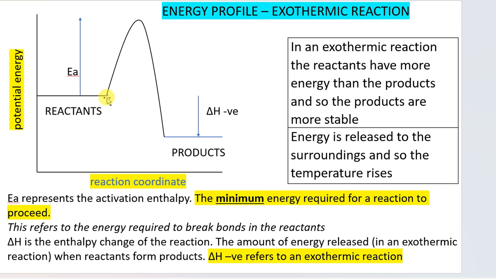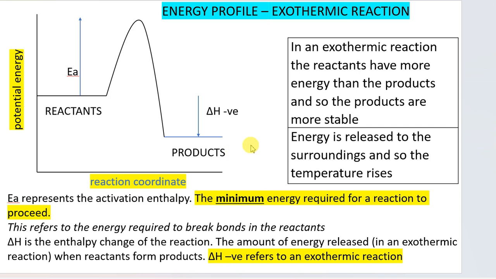Now, to go from the reactants to the products, there is an increase in energy. It's essential. What's it doing? It's called the activation energy, EA, and it refers to the bond breaking process. I have to break bonds in my reactants before I can begin to form new bonds that form the products.